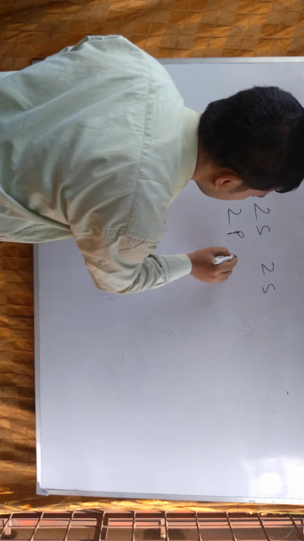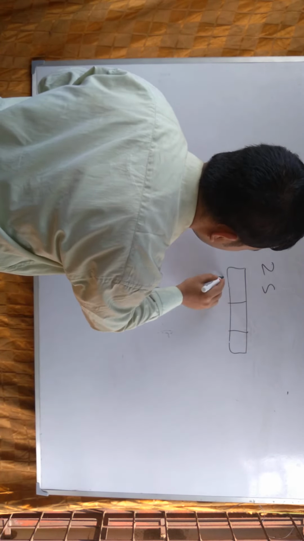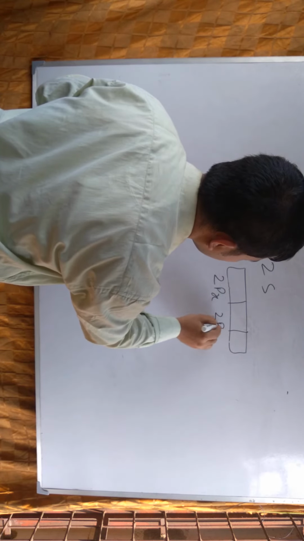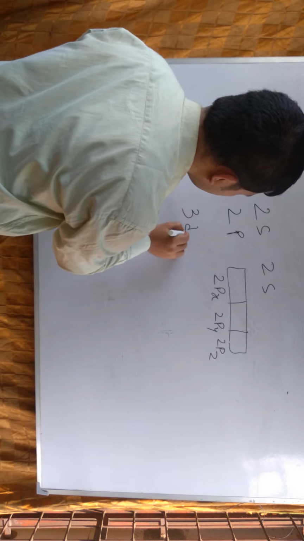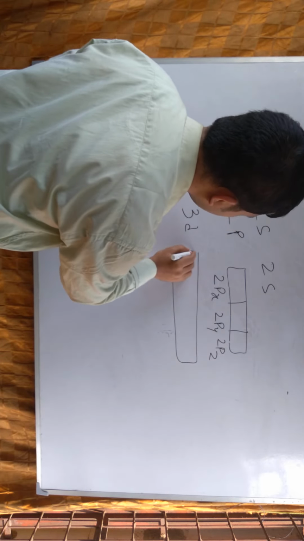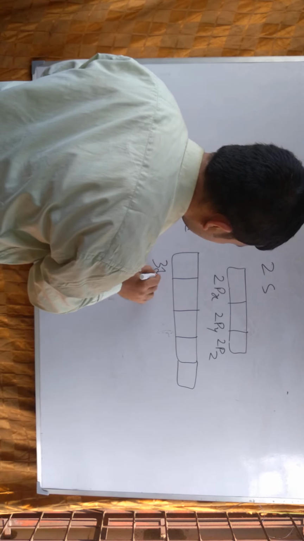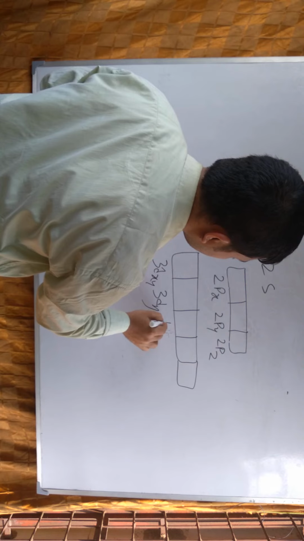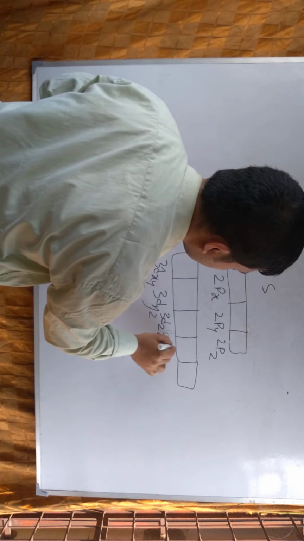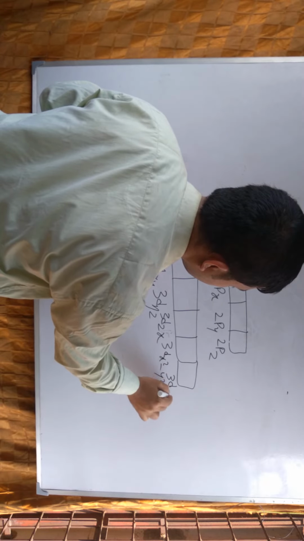The 2p subshell has 3 orbitals: 2px, 2py and 2pz. For the 3d subshell, we have 5 orbitals: 3dxy, 3dyz, 3dzx, 3d x square minus y square, and 3d z square.